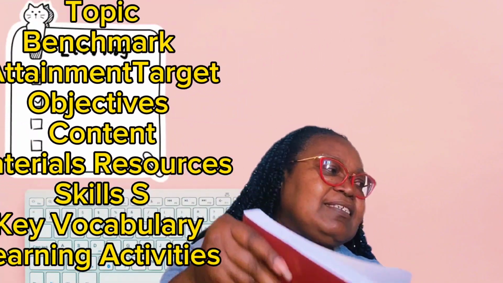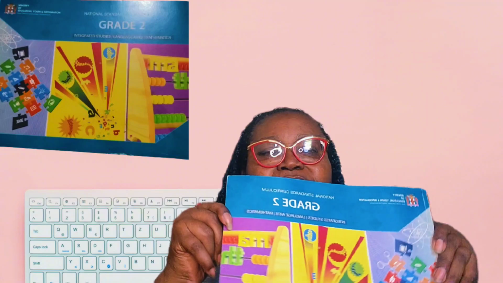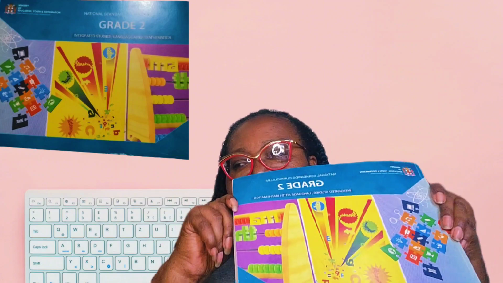And then after that, I move on to grade 2. So this is the grade 2 curriculum, and I do the same thing for grade 2. Find the topic, the objective, the benchmark, right, and jot it down.